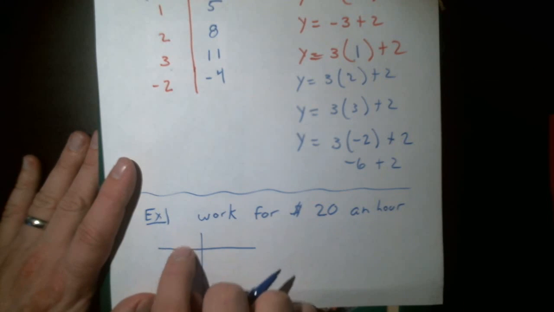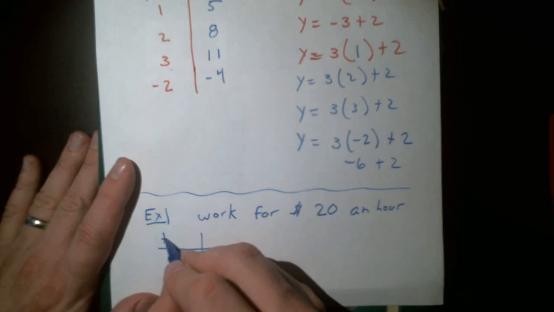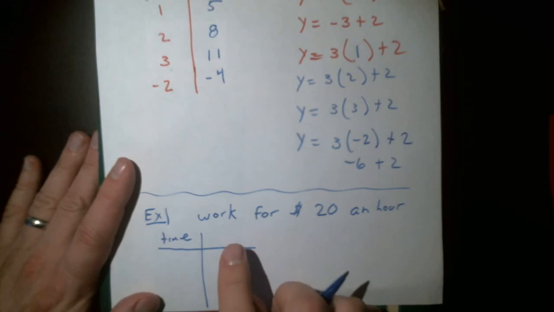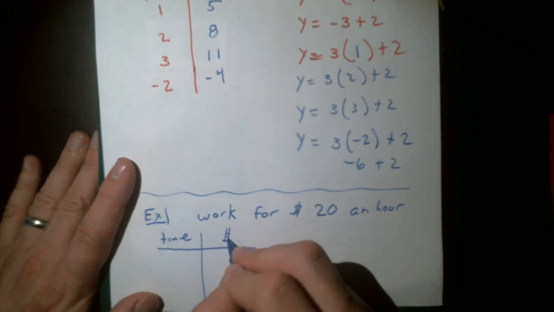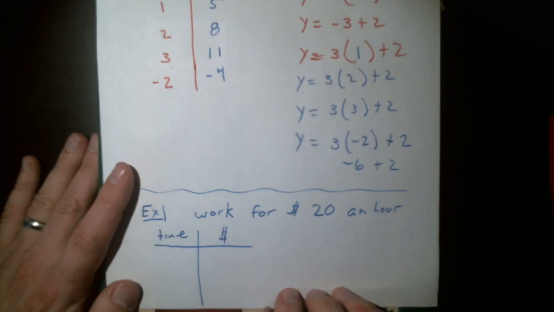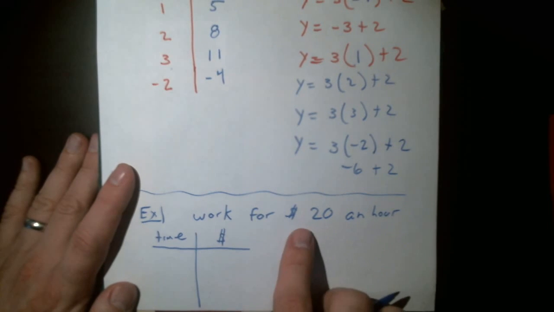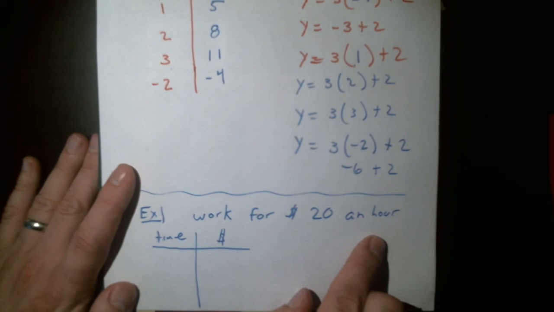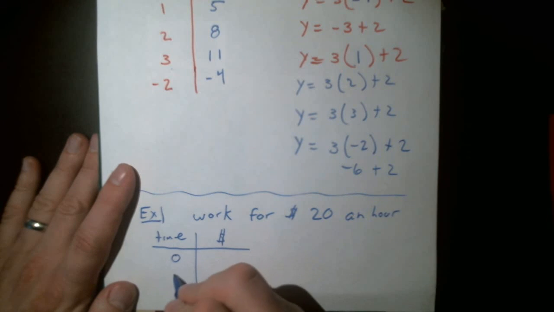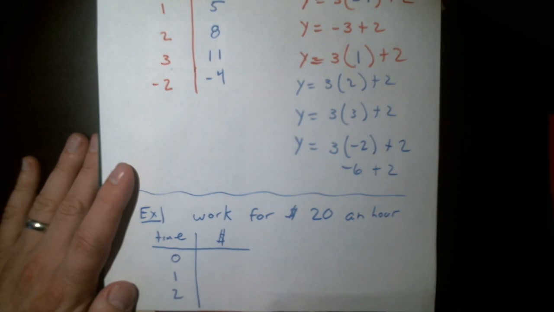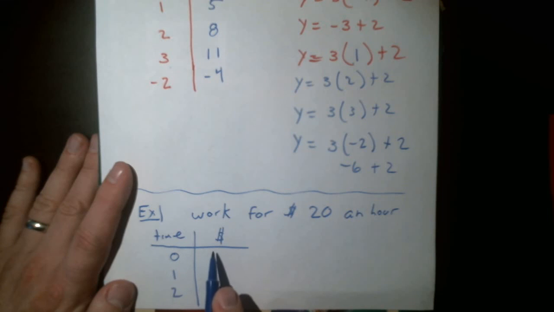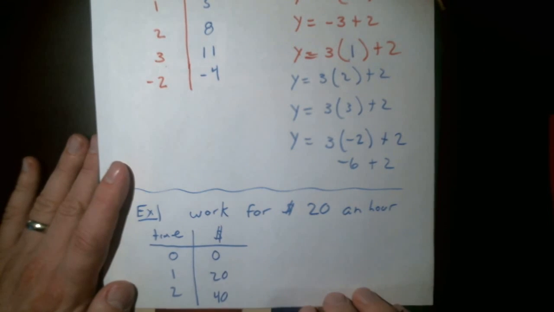What's your input going to be? Time, right? What's your output going to be? Money. So let's say you work for $20 an hour. Well, 0, 1, 2. You keep going if you want. At 0, what do you get? 0. In 1 hour, you get what? 20. At 2 hours, you get $40. Is this a function? Yes.